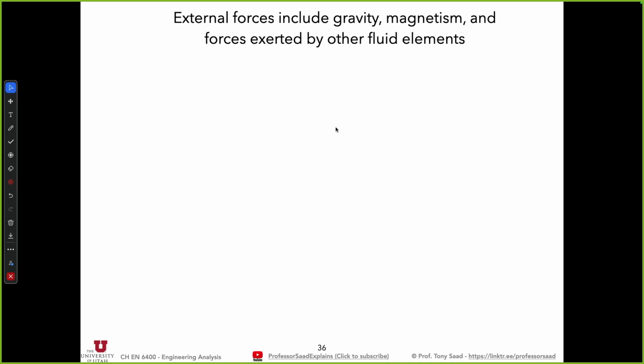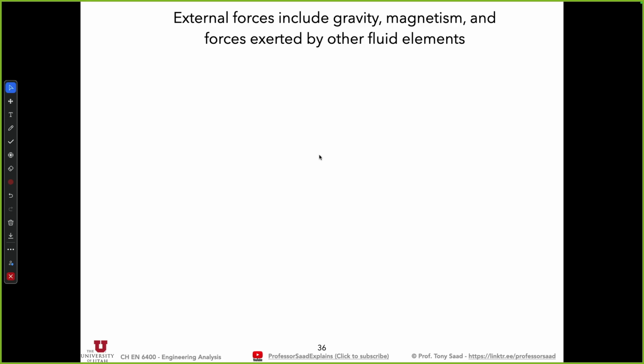So external forces are things that act, either remotely or from other fluid elements, on a given fluid element, not within it. Remember, these fluid elements are bumping into each other, they're rubbing at each other, they're compressing each other, so they exert forces on each other. Gravity, as well, as the earth exists, right?